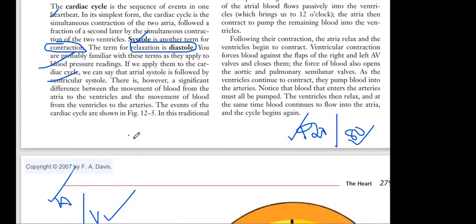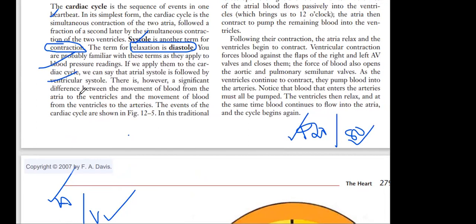So we have to remember atrial systole, ventricular systole, atrial diastole, ventricular diastole.